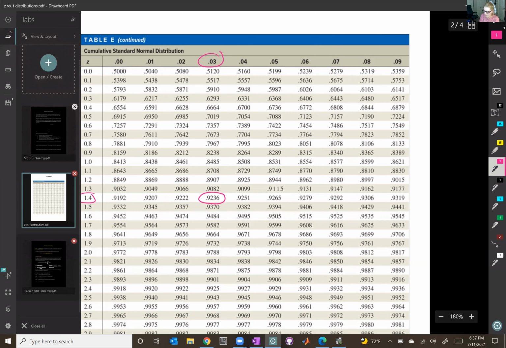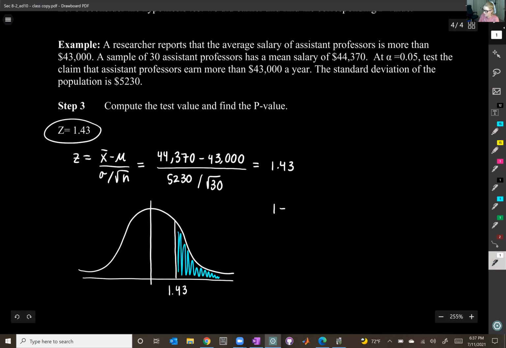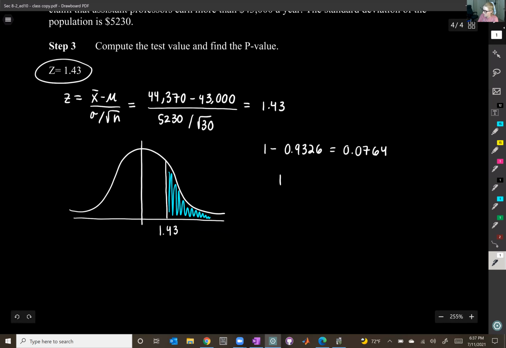So I'm subtracting from 1, 0.9236. And that gives me 0.0764. Okay, perfect. So this is our p-value: 0.0764. Awesome. And now we just have to see how that compares to our alpha or our significance level.